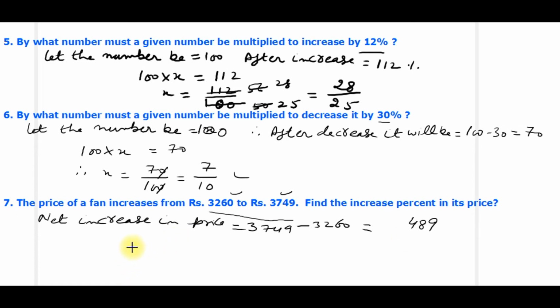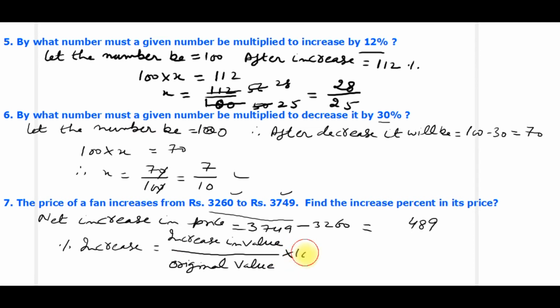So we have to find percent increase. Percent increase equal to, here is formula, increase in value upon original value multiplied by 100. Increase in value is 489.